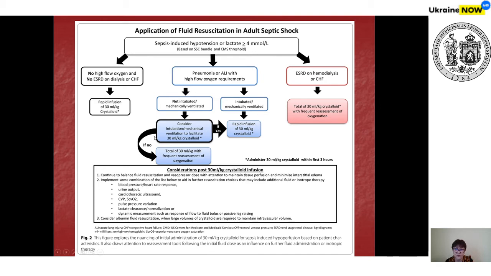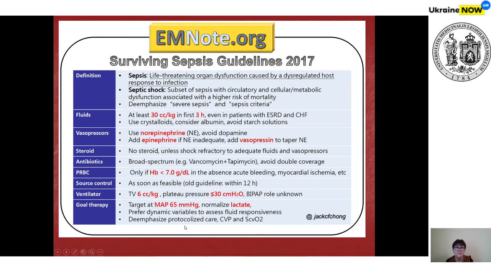Implement some combination of the list below to aid in further resuscitation choices that may include additional fluid or inotropic therapy: blood pressure, heart rate response, urine output, cardiothoracic ultrasound, central venous pressure, central venous saturation, pulse pressure variation, lactate clearance or normalizing, dynamic measurements such as response of flow to fluid bolus or passive leg raising, and consider albumin fluid resuscitation when large volumes of crystalloids are required to maintain intravascular volume.